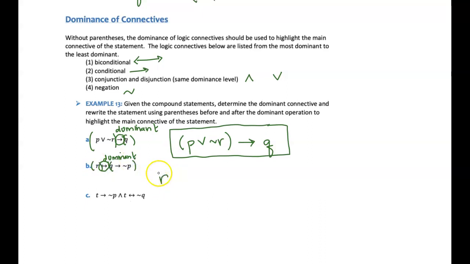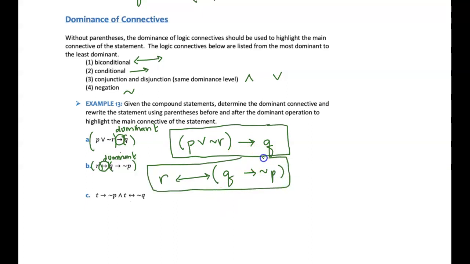R by itself would not need parentheses, they aren't necessary. And then we have the biconditional, and we would need the parentheses after to connect the Q arrow negation P together. And so now our parentheses and our grouping symbols have highlighted that main connective of the biconditional double arrow.